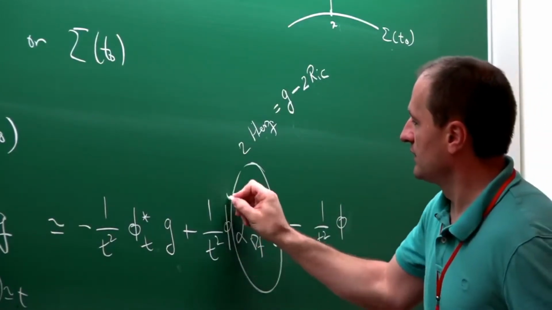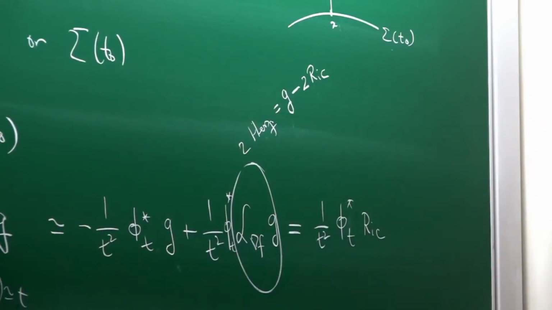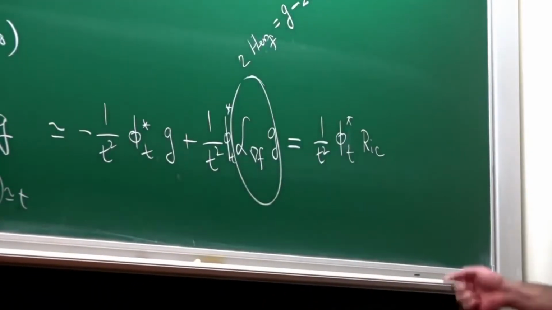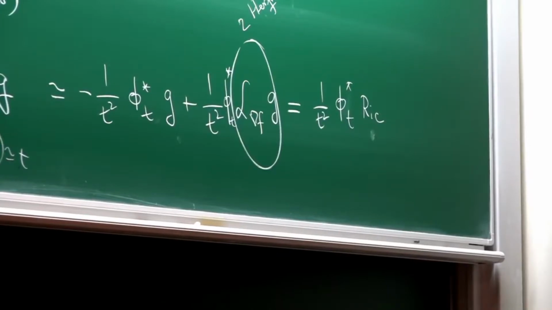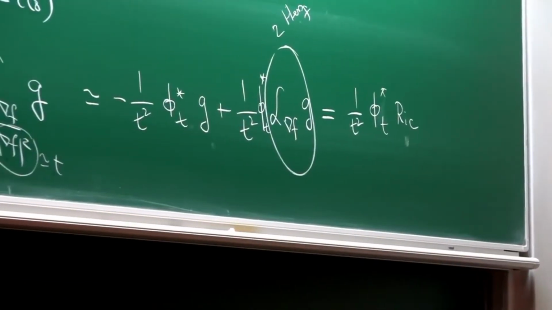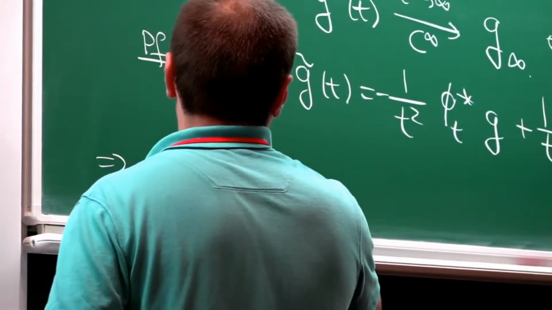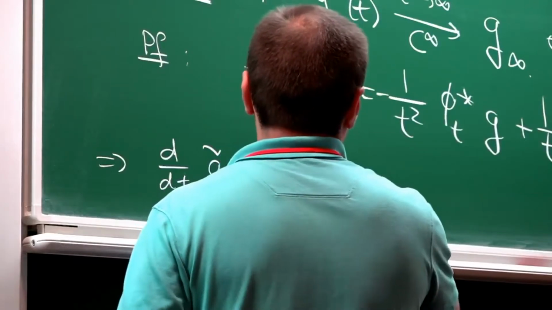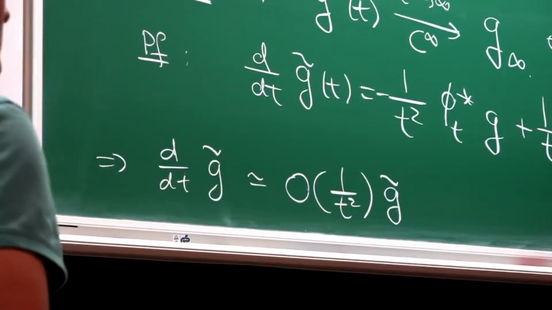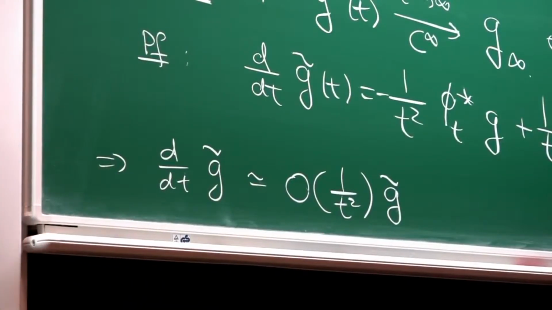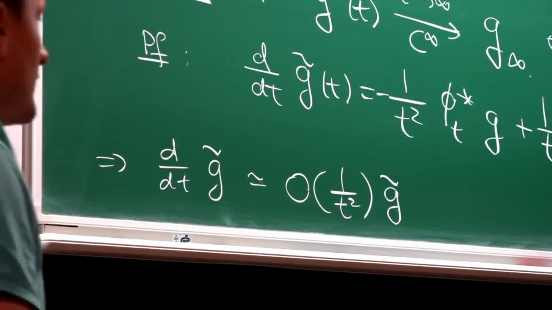I forgot the phi star. Phi star Ricci. Right? So it tells me that if Ricci decays, then G tilde will converge very fast. So basically, since Ricci decays, d/dt of G tilde is like O of 1/t squared times G tilde. Right? So that's what it tells me. Because Ricci decays like 1 over t, then that's integrable. So at least pointwise you get some estimate, right?